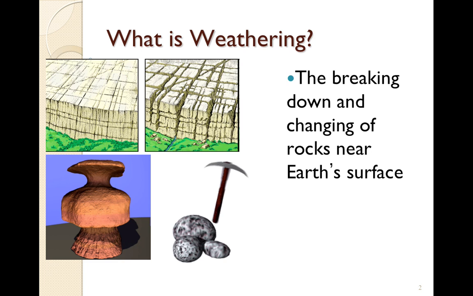Usually associated with weathering are two other terms. Those terms are erosion and deposition. We have weathering, which is the breakdown of rock material near Earth's surface. And then we have erosion, which is going to be the transport of those materials that have been broken down. And finally, we have deposition.